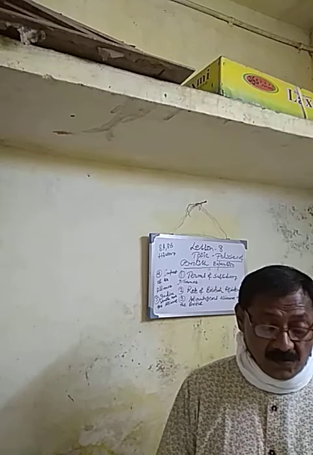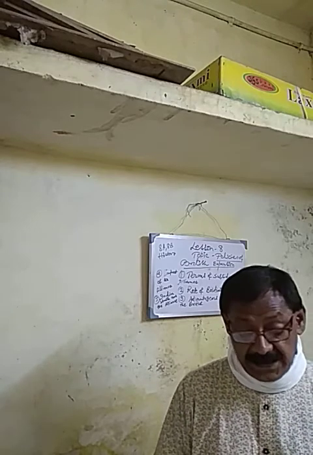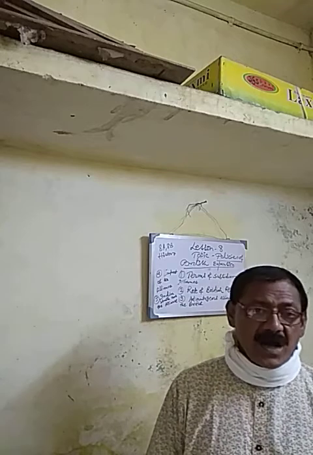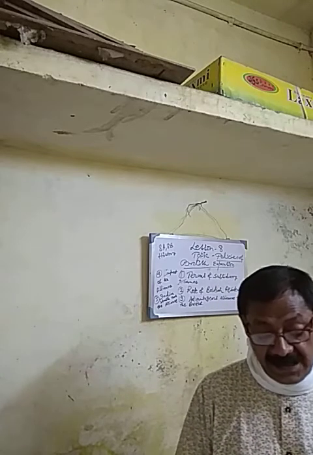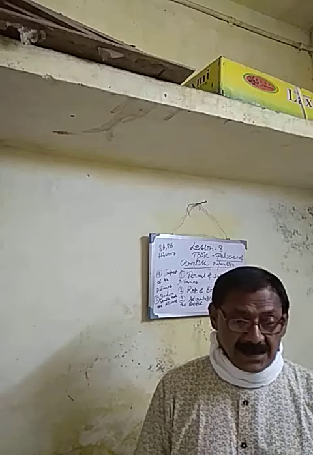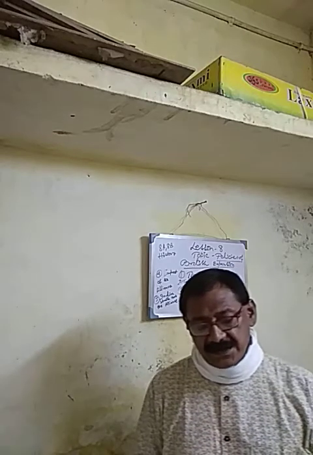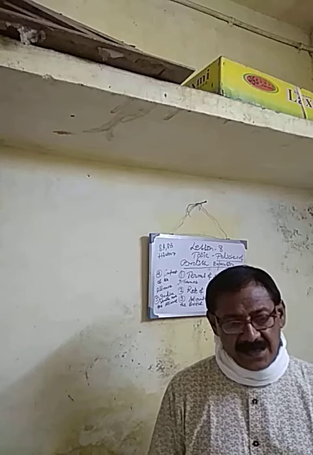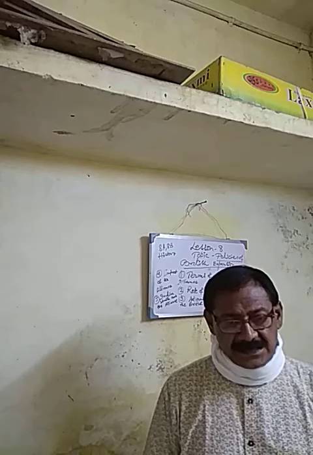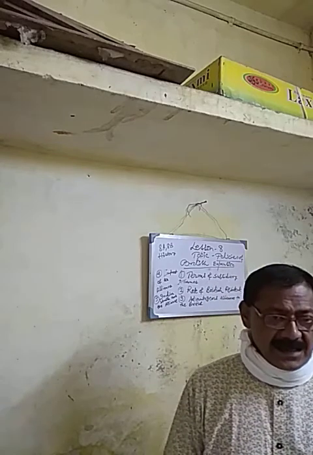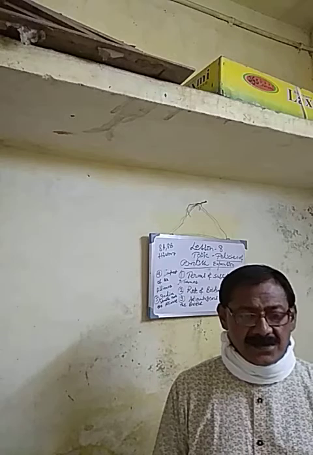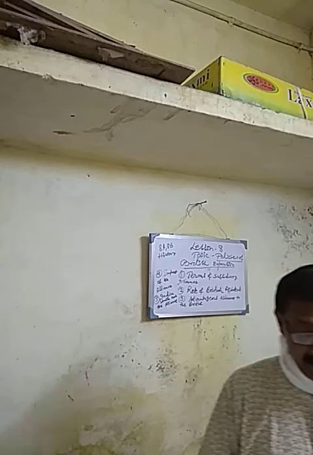Nor could they declare any war against any power or state without the permission of the British. That means before declaring any war against any Indian state, they had to take the permission of the British resident.